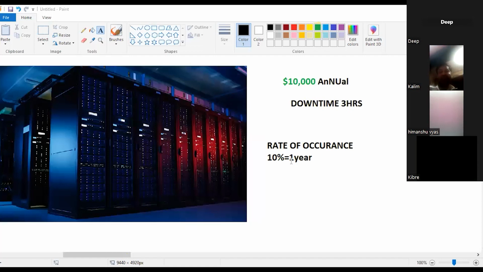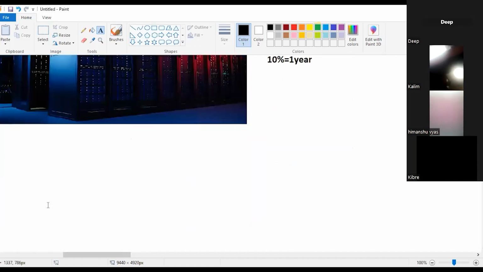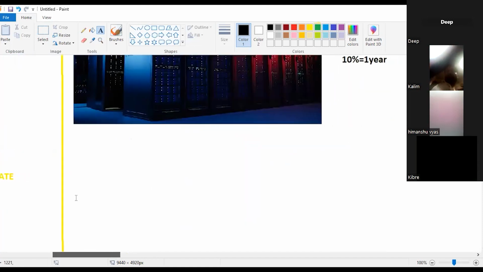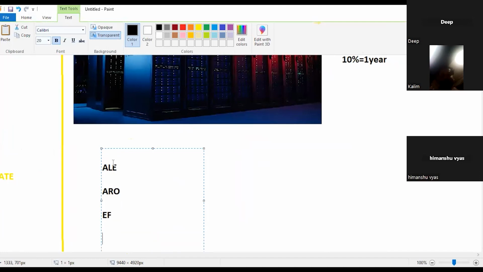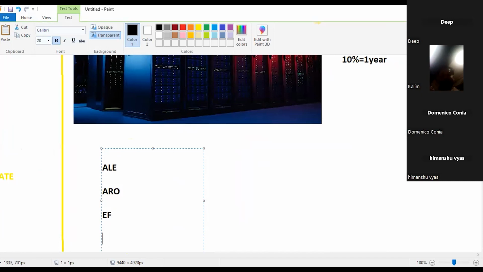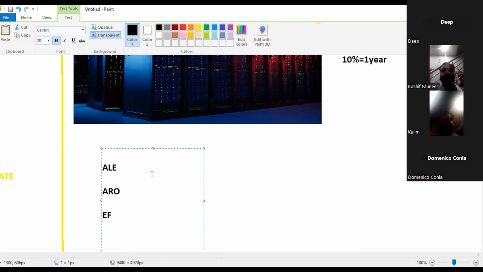So I'm going to give you single loss expectancy, annual loss expectancy, ARO, EF, exposure factor, and asset value.